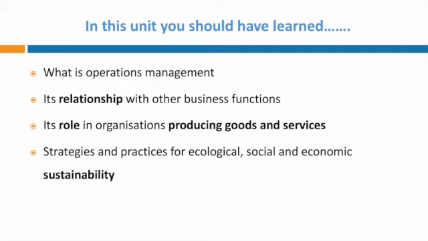And this is basically it for this chapter. We've discussed the relationship with other business functions, what operations management is, its role in producing goods and services, and the different strategies and practices, and how we can achieve the different types of sustainability.